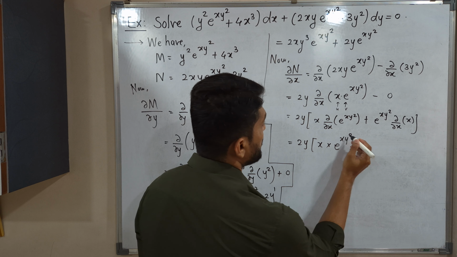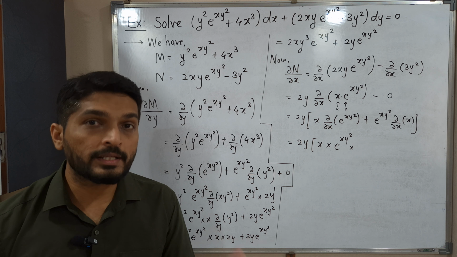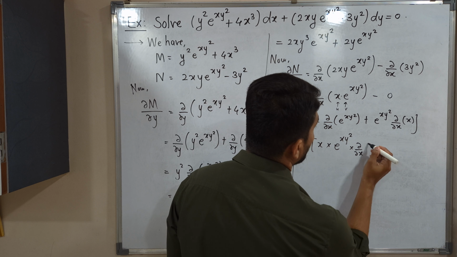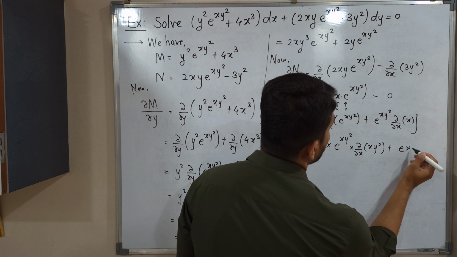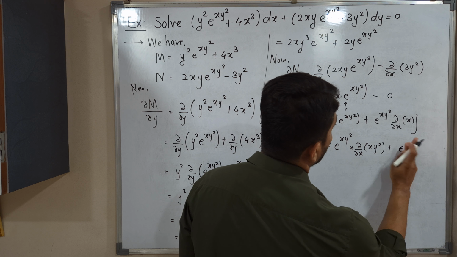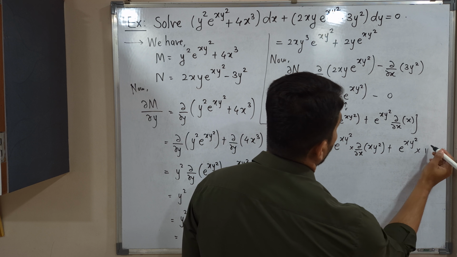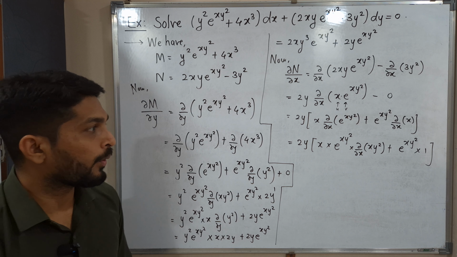But see, in the power we have some function again, so by chain rule we are supposed to take its derivative again. So it is xy square, plus e raised to xy square, and the derivative of x will be 1. We are differentiating x with respect to x, so the derivative will be 1.